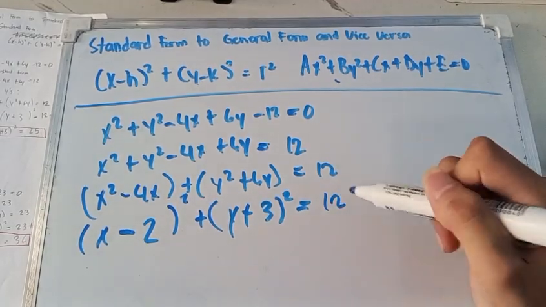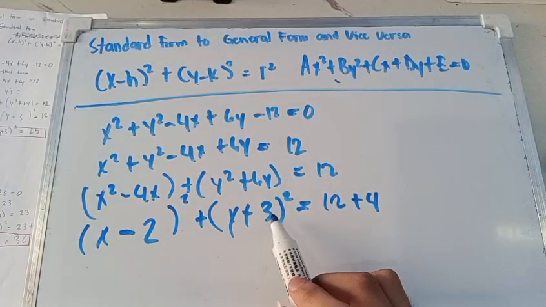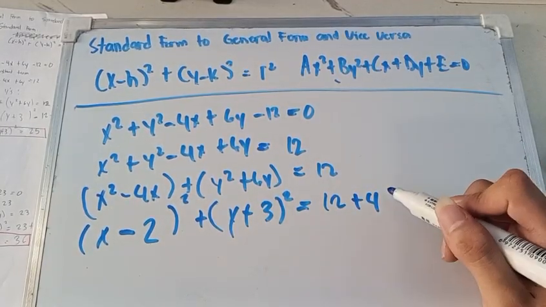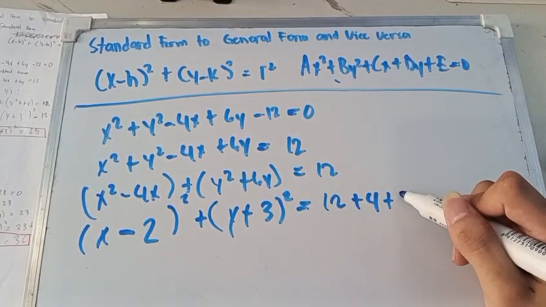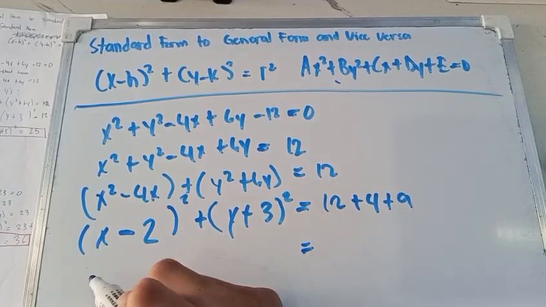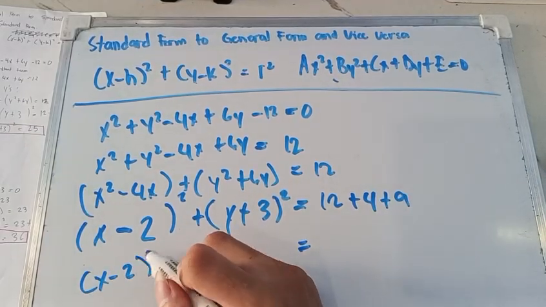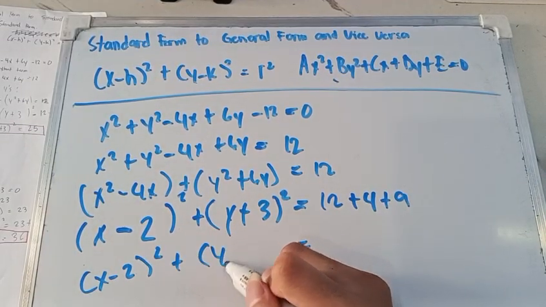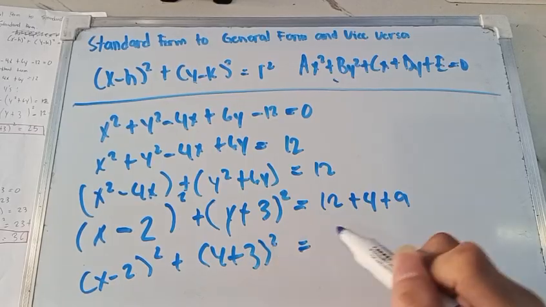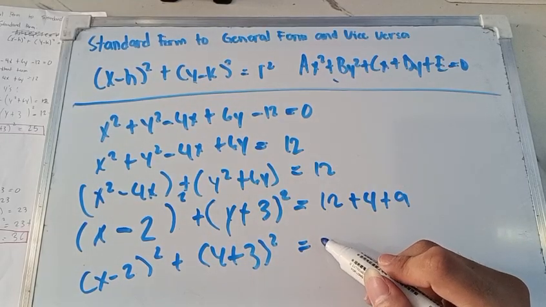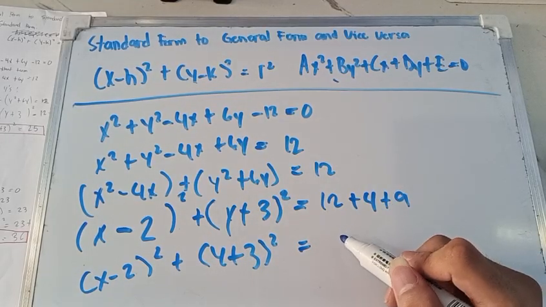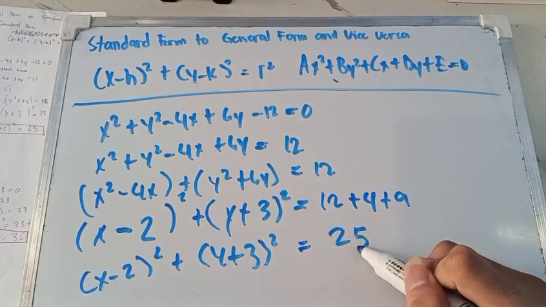Okay, so 12, we have plus 4 here. Then 3 squared is 9. Okay, so now we have (x minus 2) squared plus (y plus 3) squared equals 12 plus 4 plus 9, that is 25.